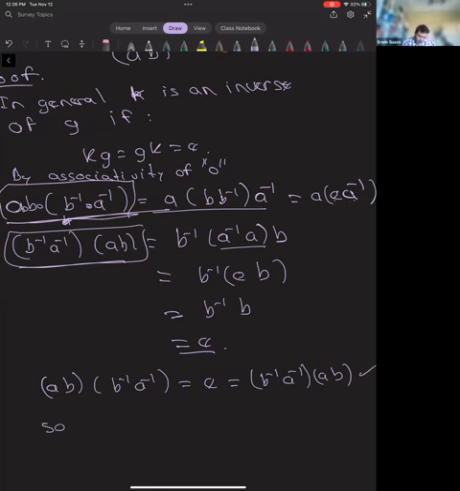So pay attention to this. B inverse A inverse equals (AB) inverse. This is just notation, okay? (AB) inverse is just notation. We don't know what that is, right? But they are telling us it is B inverse times A inverse.